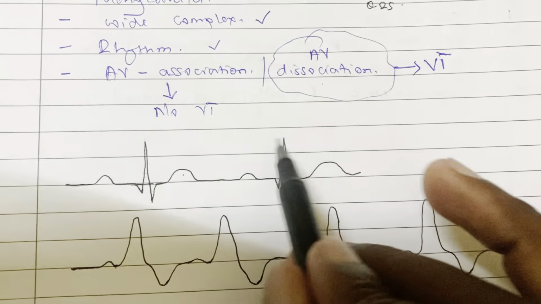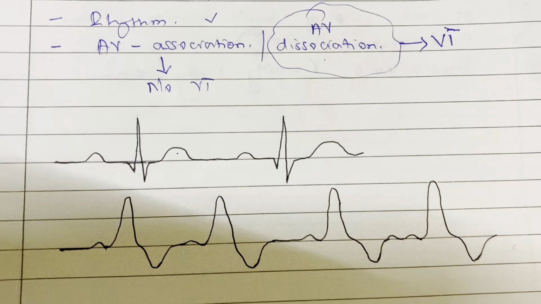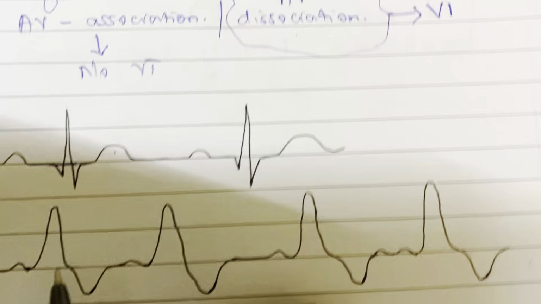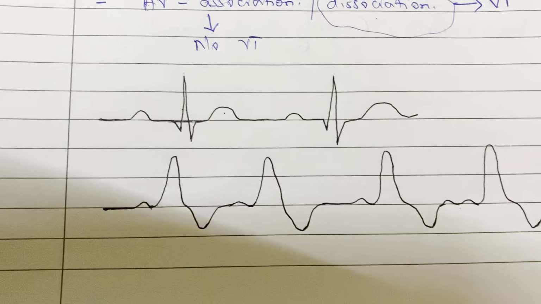So the majority of this one is positive. Then the T wave should be positive also. Again, if the majority of the QRS is positive, the T wave should be positive.